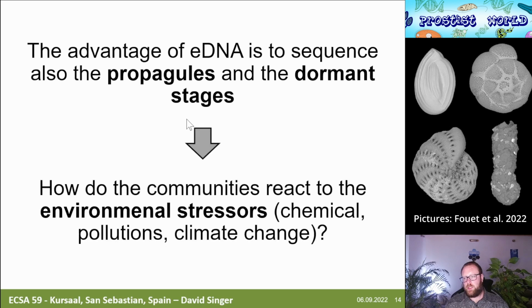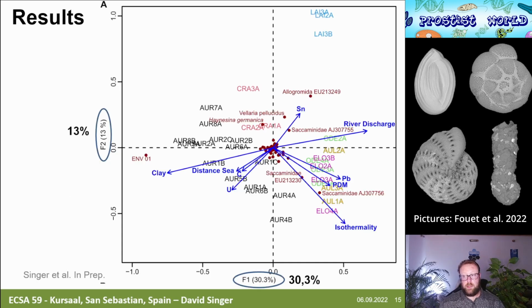But one question now is how the communities will react to environmental stressors, the chemical pollution, and also climate change. To do that, we build an RDA model, which provides the significant variables that influence the community composition.